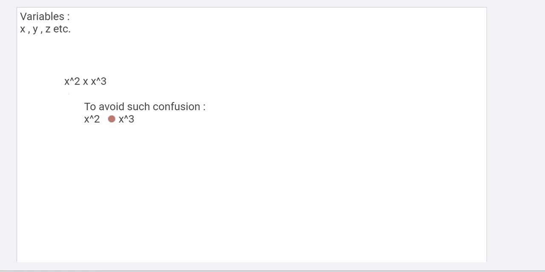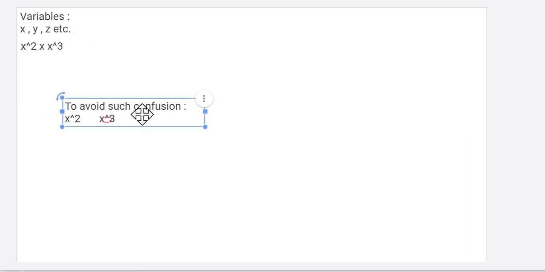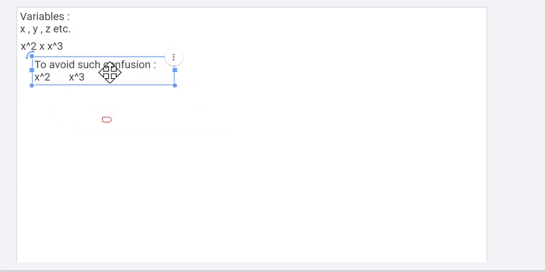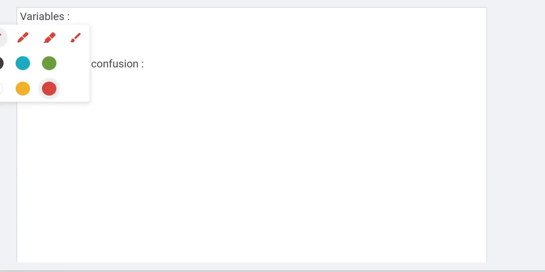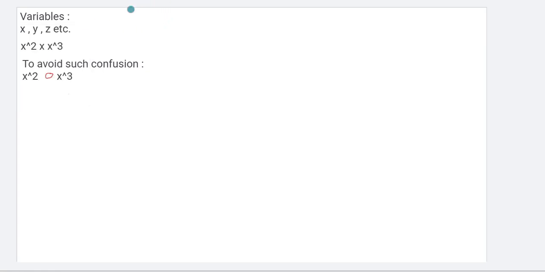So you must have understood it, right? This is a very important part. All of this part of our sheet is very important, so we must remember this.